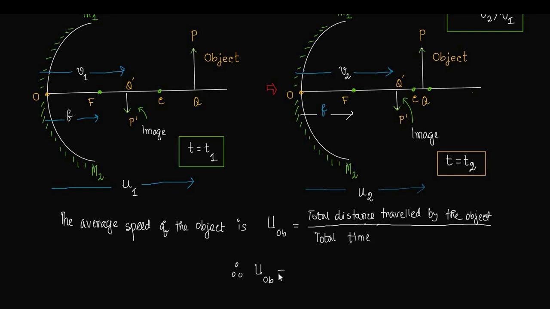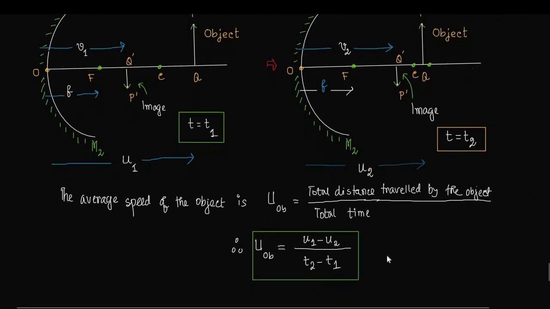That means the average speed of the object should be equal to u1 minus u2 divided by t2 minus t1, provided the initial object distance is greater than the final object distance from the mirror.